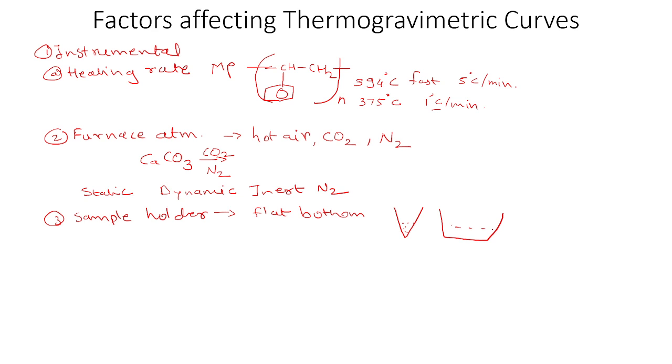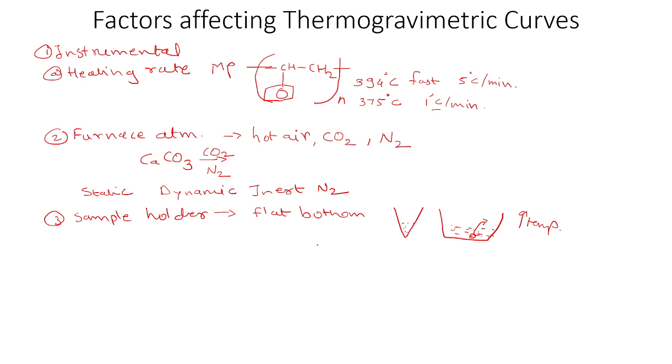What happens? Unnecessarily, when the substance is heated, suppose gas is trapped here and it tries to come out, it will require more energy unnecessarily, and this evolution of gas will be recorded at higher temperature. Unnecessarily this error will be generated.